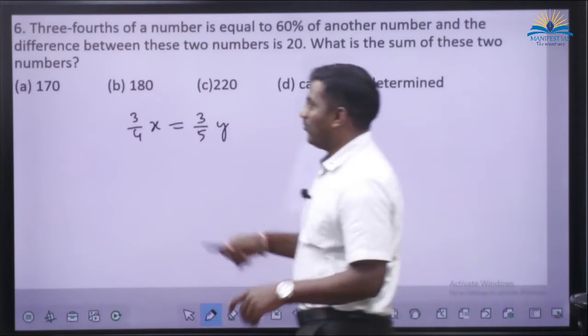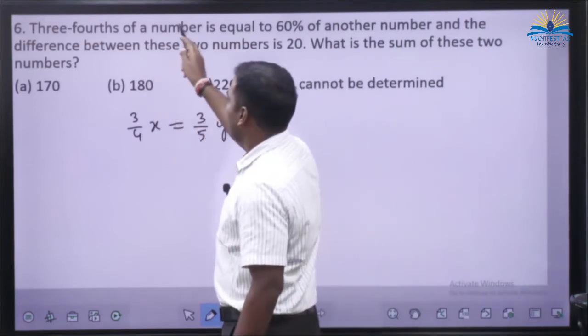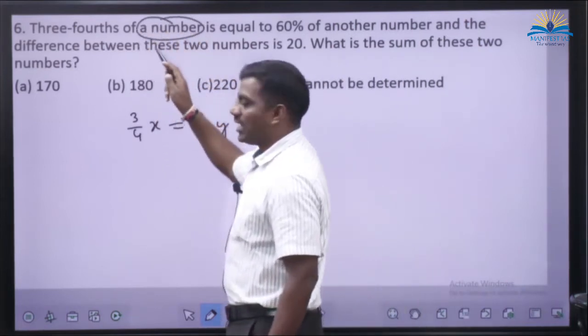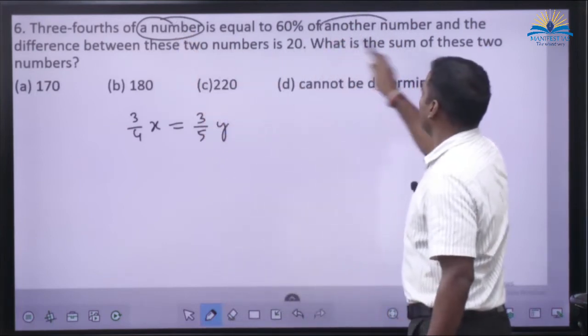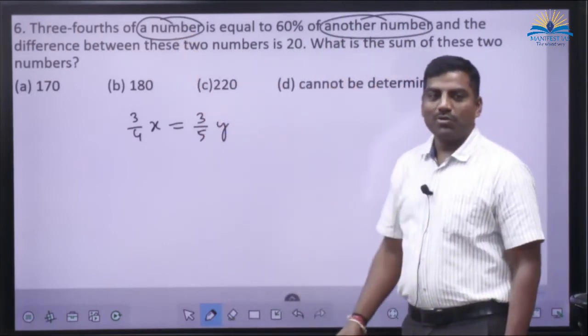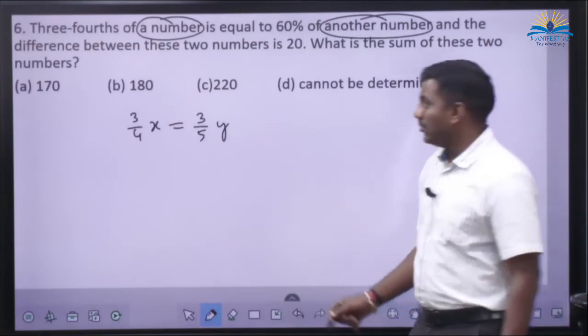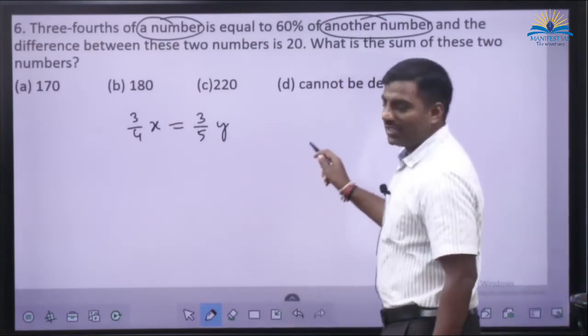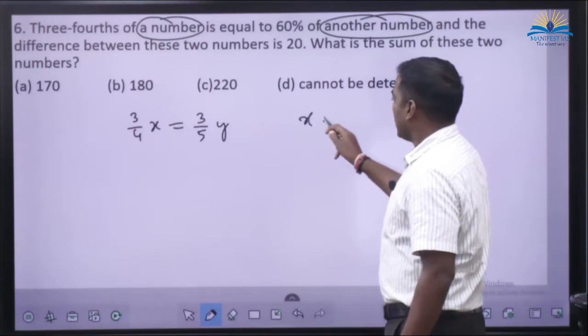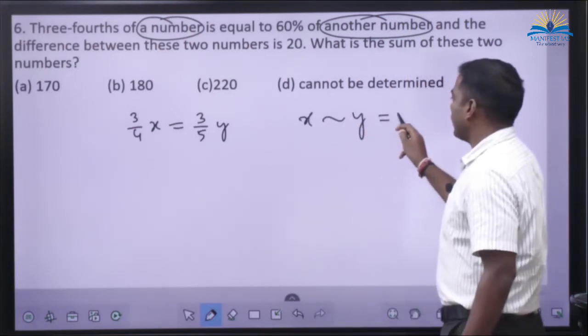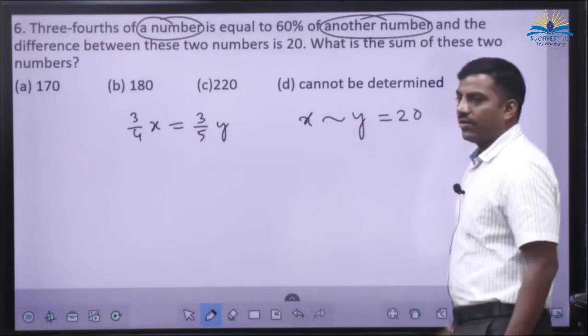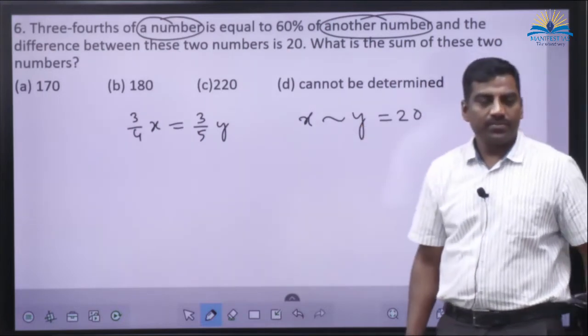And first of all, the first unknown, what they have given? 3/4 of a number. What we have assumed? x as a number, no? Another number, y. They are talking about those numbers first. So they are telling the difference between those numbers, x with the difference of y, as 20. Why have I written it like this? Why have I not written x minus y?